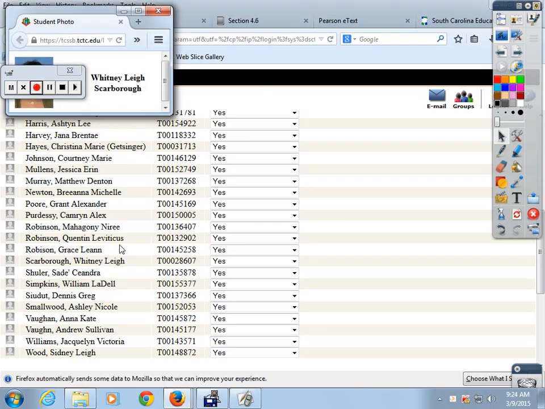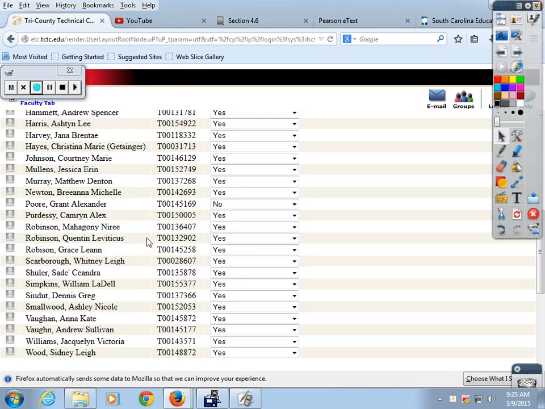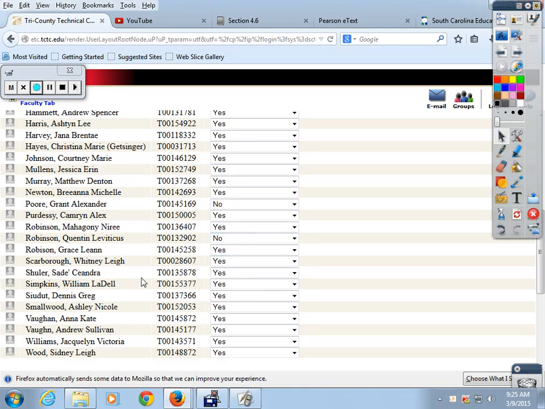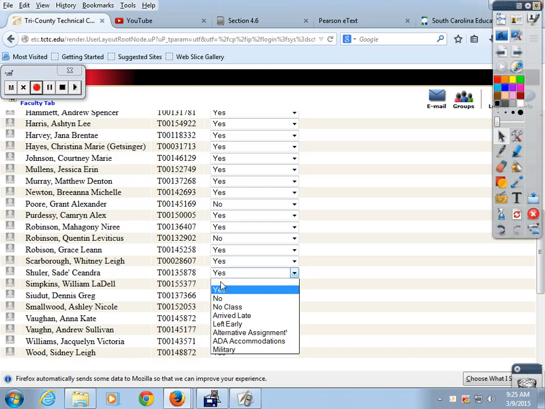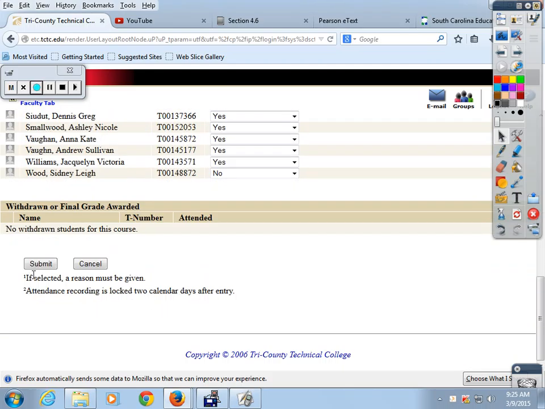Where's Poor at? All my Robinsons, nope. Mr. Robinson's not here. Scarborough's here. No Schuler. Simpkins. Dennis is here. Smallwood. Both Bones are here. Williams and Wood. No Wood. All right. See y'all Wednesday.